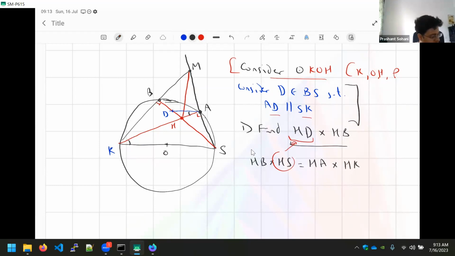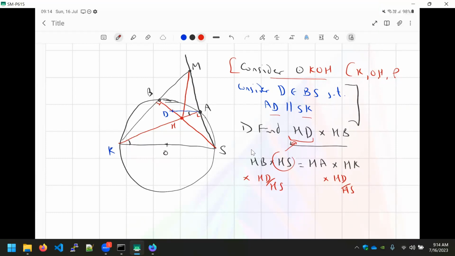So can I multiply and divide both sides of my equation with the ratio HD upon HS? Correct. If I do that, then my LHS will become what I want. Correct. And now what happens to the RHS? Sir, we know that HD upon HS is equal to HA upon HK.